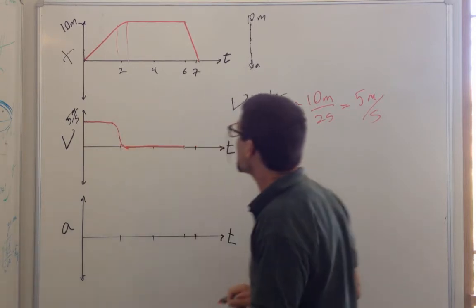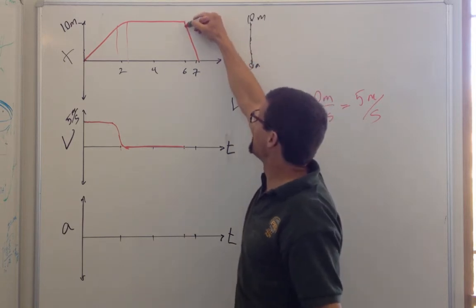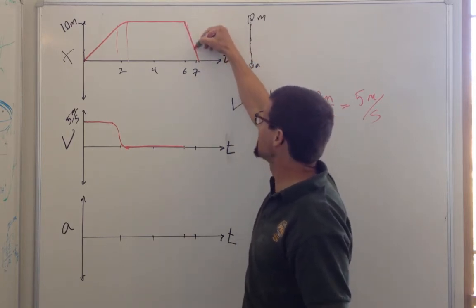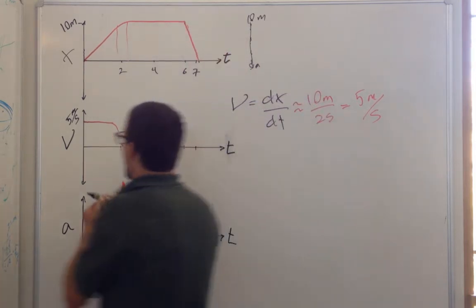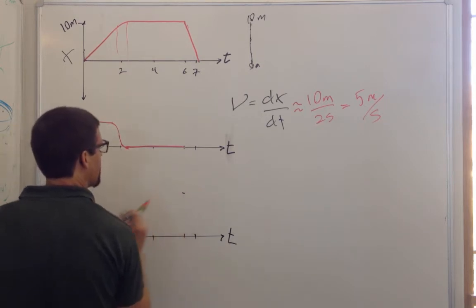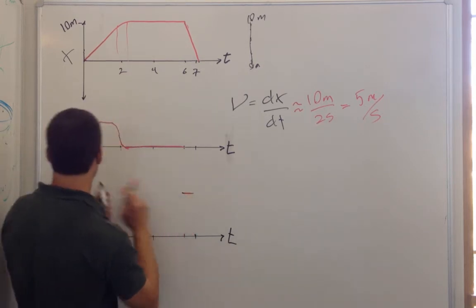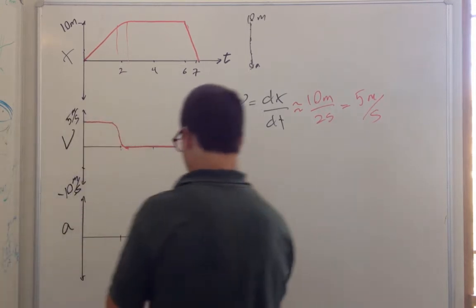Now right here I'm moving backwards, I have a negative velocity, and again that slope is constant, but I move 10 meters in 1 second, so it's going to be a negative 5, 10, all the way down here. It will be about negative 10 meters per second.